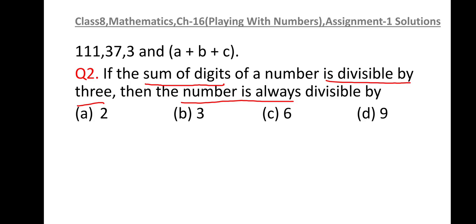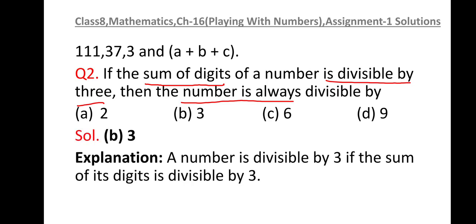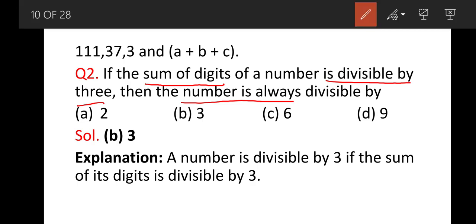As I already told you, the divisibility test by 3 says if the sum of the digits of a number is divisible by 3, then the number is divisible by 3. Answer is B option, that is 3. Explanation: a number is divisible by 3 if the sum of its digits is divisible by 3. So the answer is B option, that is 3.